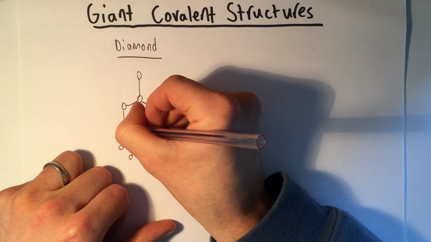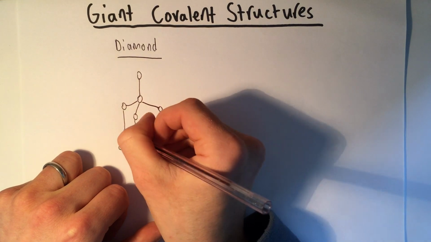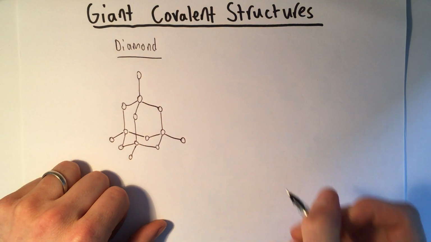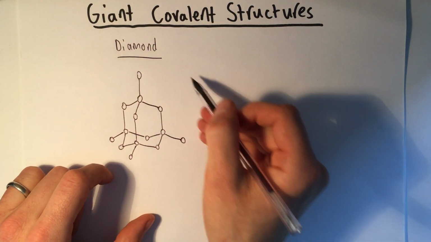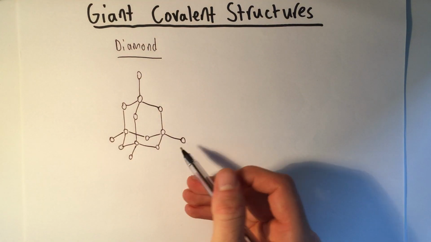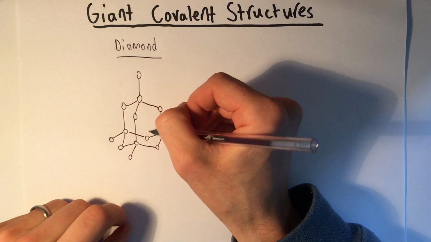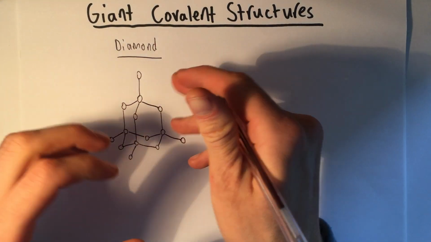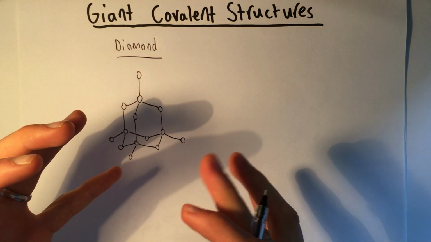And I'll just finish by doing that last one there. I could, of course, go on forever drawing this structure, but hopefully just drawing that tiny section of it gives you the idea that every single carbon atom is bonded to 4 others, and that this is a 3-dimensional structure.